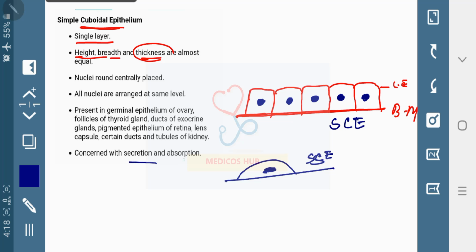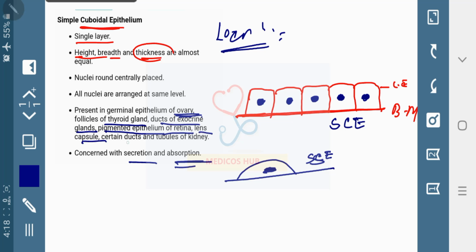As for location, they are present in the epithelium of the ovary, follicles of the thyroid gland, ducts of the exocrine glands, pigmented epithelium of the retina, lens capsules, and certain ducts and tubules of the kidney. These are the places where simple cuboidal epithelium is present. It basically helps in secretion and absorption of substances.